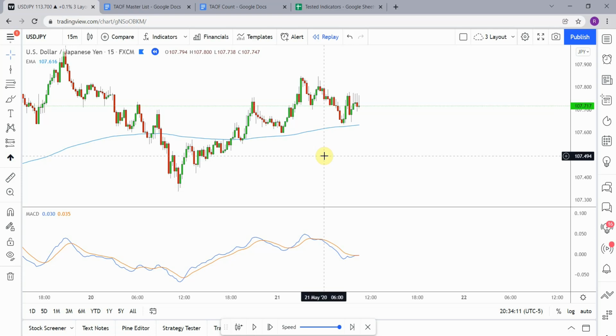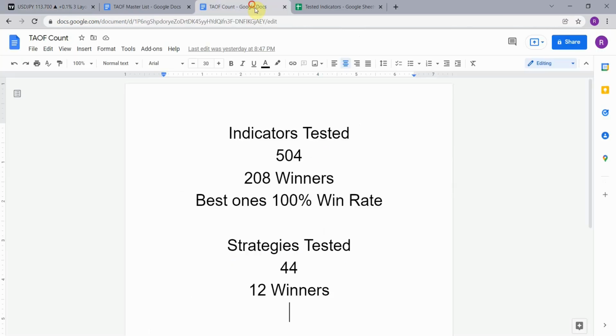Alright, as I said, today we will be testing a 15-minute trading strategy. Before we do though, I wanted to put the testing scoreboard up for everyone to see. So to date, we have tested a total of 44 different strategies. This one will be the 45th with a total of 12 winners. We have also tested a total of 504 indicators with 208 of them being winners.